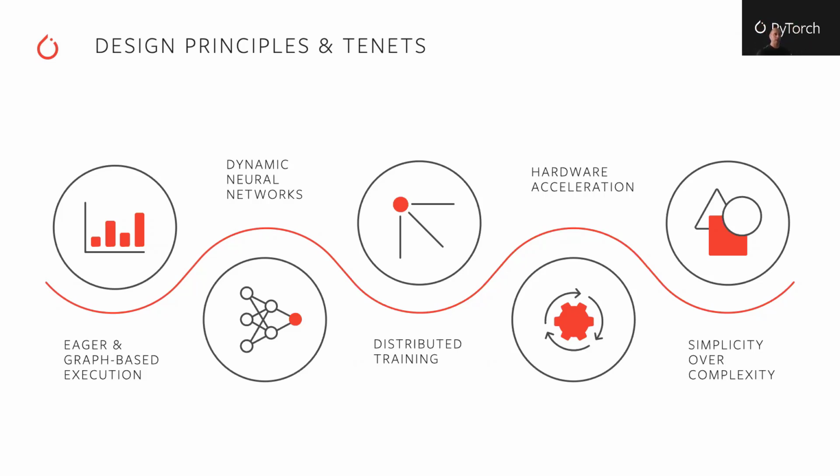This trend is not going away, and so building clean abstractions and clean integration points to support a diversity of hardware is important. And then generally, when we think about new APIs, we think about simplicity over complexity. There's typically one way to do something. We try and give as much thought as possible and talk to users, look at their pain points, and think about usability whenever we introduce a new API. And I think this has really paid off for us as a project.